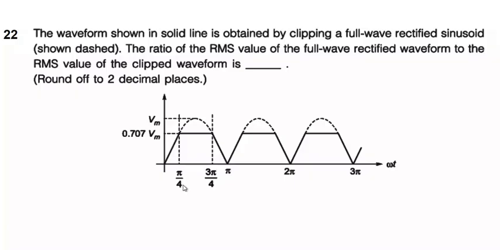And then from pi by 4 to 3 pi by 4, the clipped voltage is equal to 0.707 Vm. The square of that will be 0.707 Vm whole square. If we integrate this waveform and divide that by pi, that will give the area of the squared waveform. If we take the square root of that, we will get the RMS value of the clipped waveform.